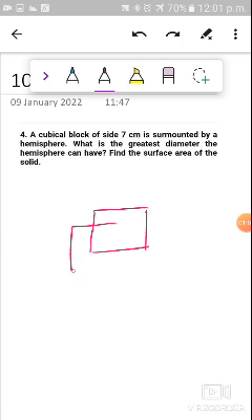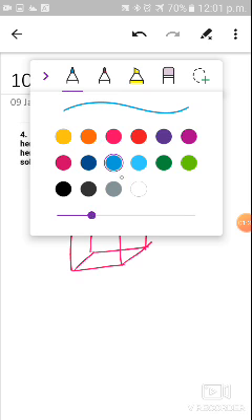This is our cubical box. A cubical block of side 7 centimeter, surmounted by a hemisphere, and we have a hemisphere.